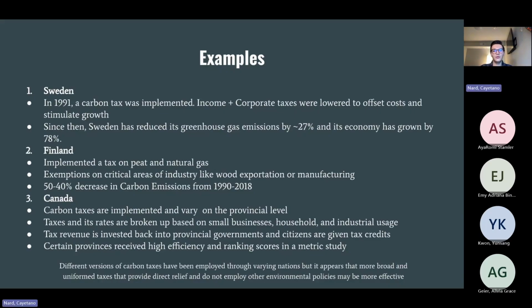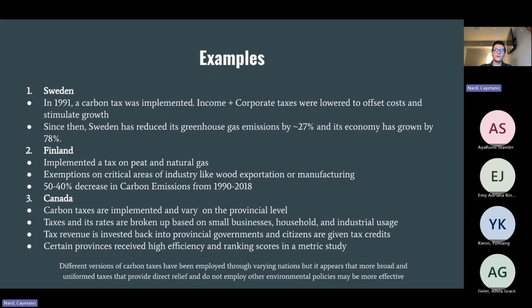And in Canada, taxes are implemented and vary at the provincial level. Taxes and their rates are broken up based on small businesses, households, and industrial usage. Then all the tax revenue is invested back into the provincial governments, or citizens are given a direct tax credit.